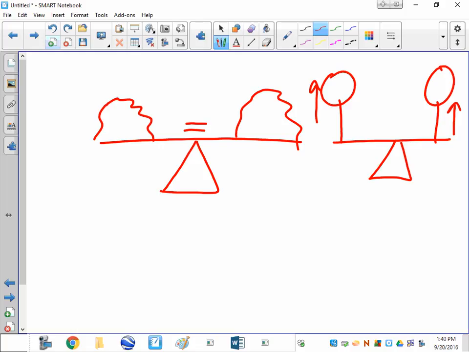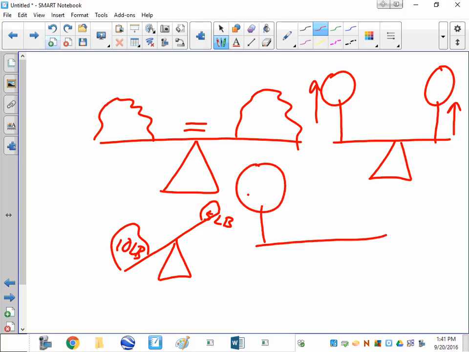But now we're not working with an equal sign. Now we're working with an unbalanced system. So we have our balance that looks like this. We have lots of weight on one side and a little bit less weight on the other. What happens when I turn those into balloons? So let's say this weighed 10 pounds and this weighed 5 pounds. If I turn those into balloons and I have a balloon that's pushing up at 10 pounds and a balloon that's pushing up at 5 pounds, what's going to happen?